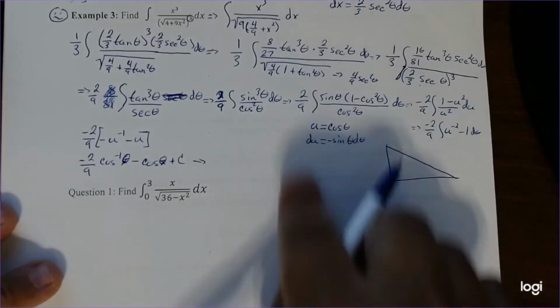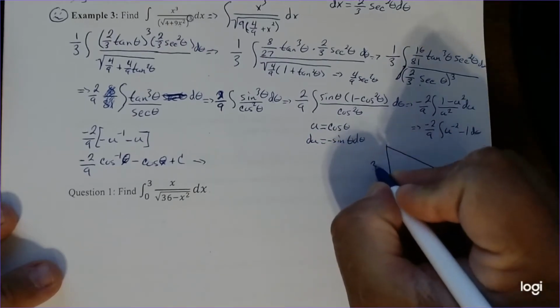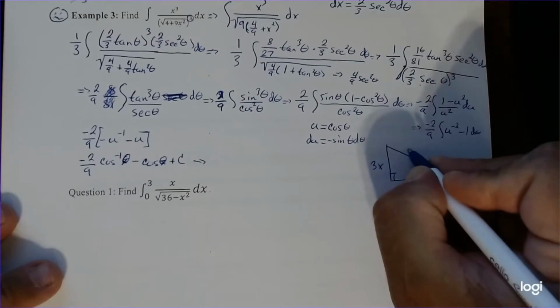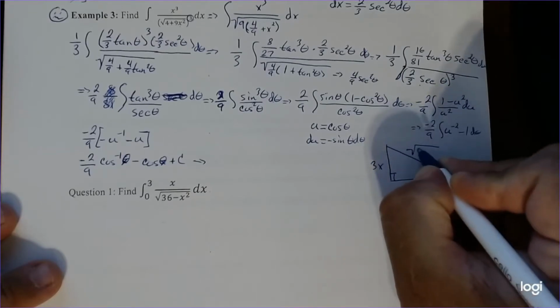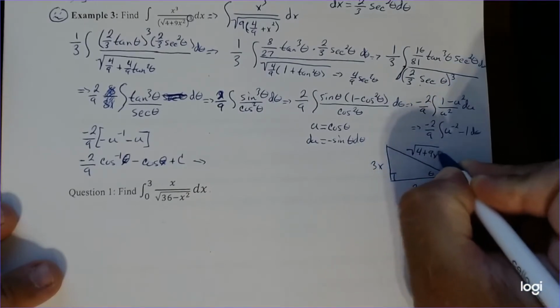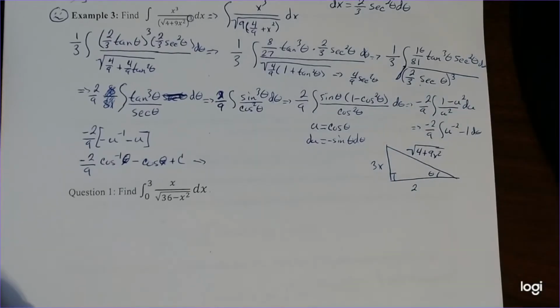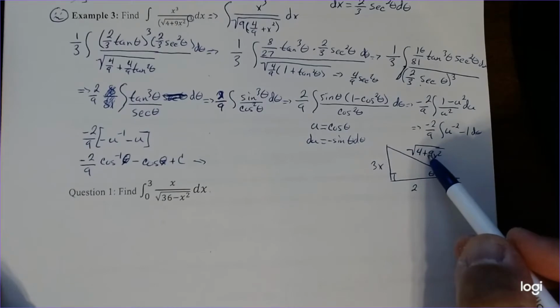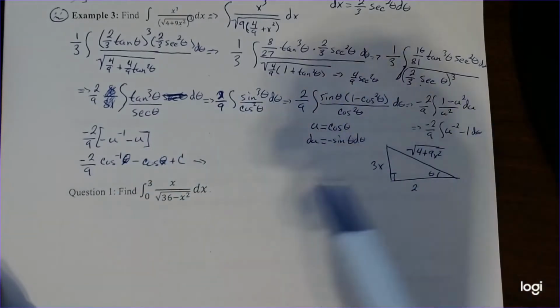So according to our portion, it's going to be 3x, 2, and then square root of 4 plus 9x squared there. And since we want cosine, it's going to be adjacent over hypotenuse, but it's negative, so it's just going to swap places.